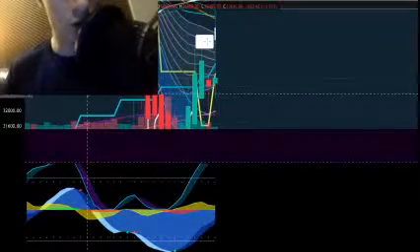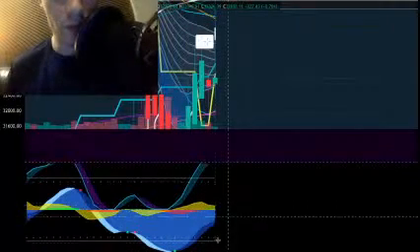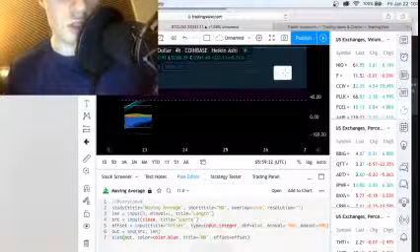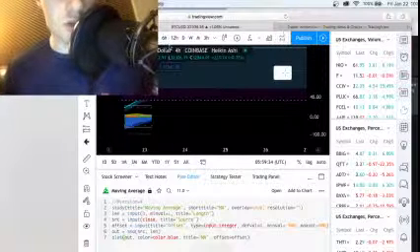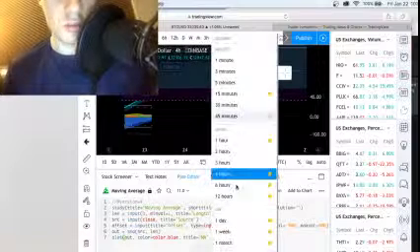It looks like on the 4 hour we're getting a bottom. This is looking good. I want to see another wave come up, and then I want to see it come back down and basically solidify that bull momentum, bullish divergence on these oscillators. Let's see. It's a 4 hour.